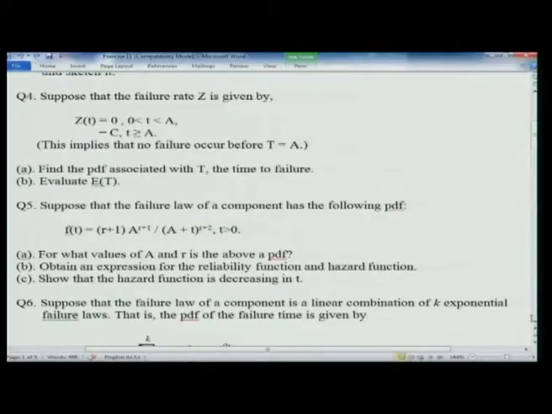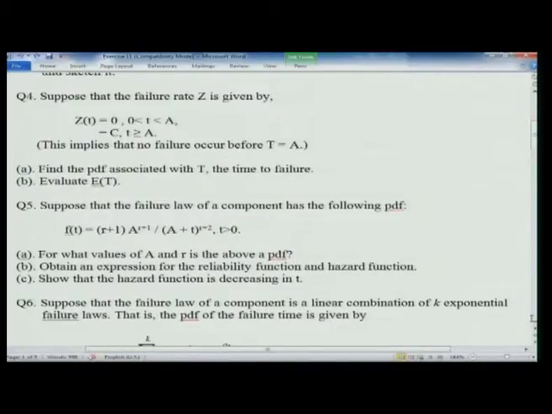You have to say for what values of a and r is the above a PDF, and if this is right, it really does not matter, it is a PDF for all a and r, because you simply have to write the integral with a plus t raised to minus r minus 2, and then integrate from 0 to infinity. The values will cancel out, and you will get the integral equal to 1 without specifying any values for a and r.